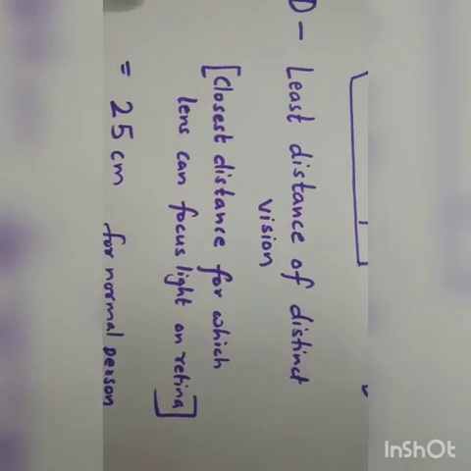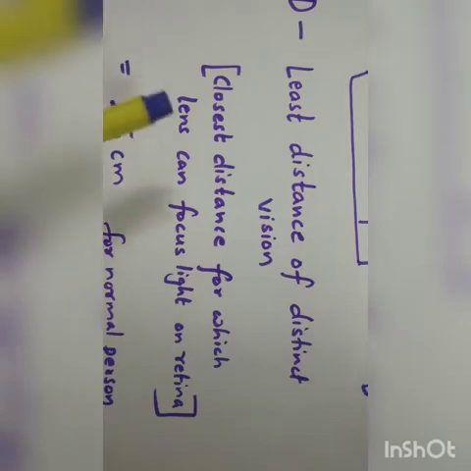D is called the least distance of distinct vision. What do you mean by that? It's the closest distance for which a lens can focus light on the retina. That means, നമ്മൾക്ക് ഒരു സാധനം ഒരു കാര്യം വായിക്കണമെങ്കിൽ അത് ഏറ്റവും അടുത്ത് എത്ര ദൂരത്തിൽ പിടിക്കാം.